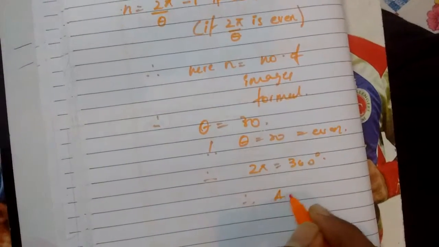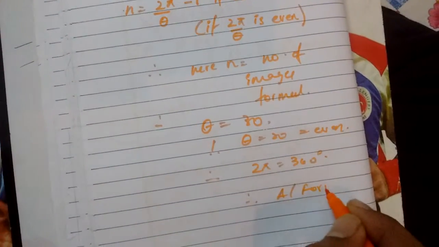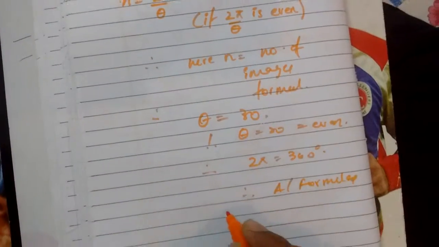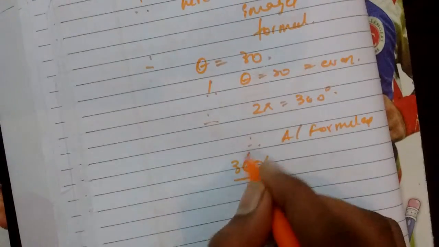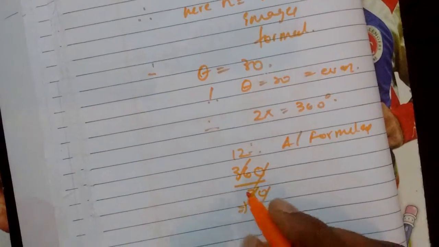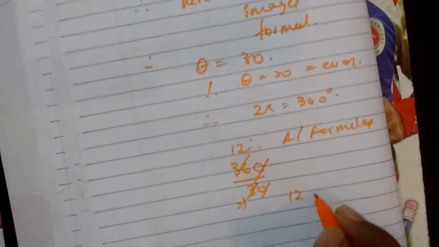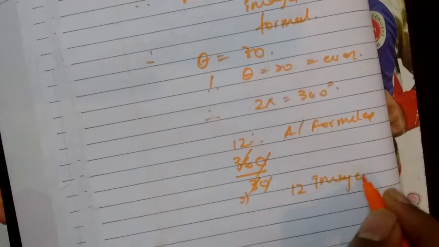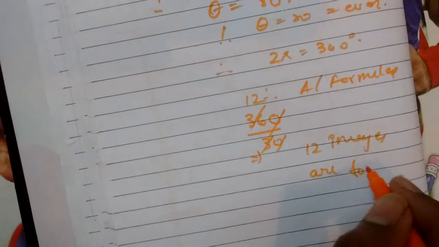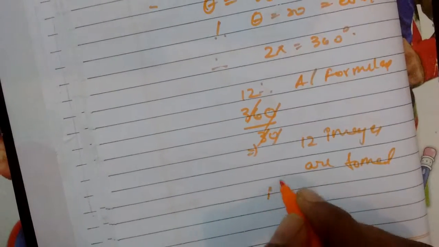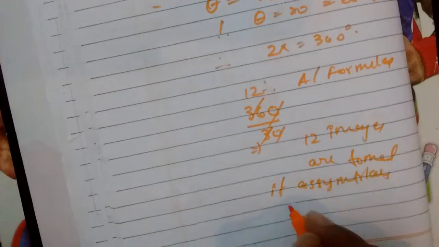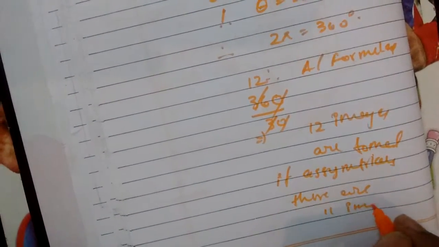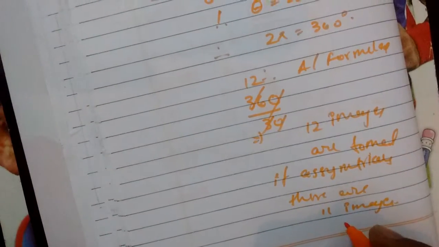According to the formula, 360 by 30 equals 12, so 12 images are formed. If the object is placed asymmetrically, there are 11 images formed.